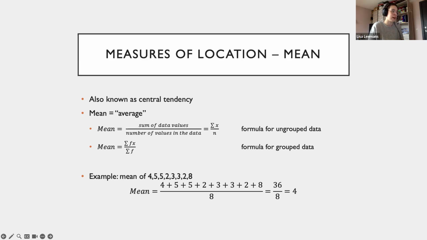We had 8 values in our data set, so that gives us the division by 8. If you add all those numbers up, this gives you 36. Divide this by 8, and that gives us 4 as the mean of this data set. Just an example to see how it works.